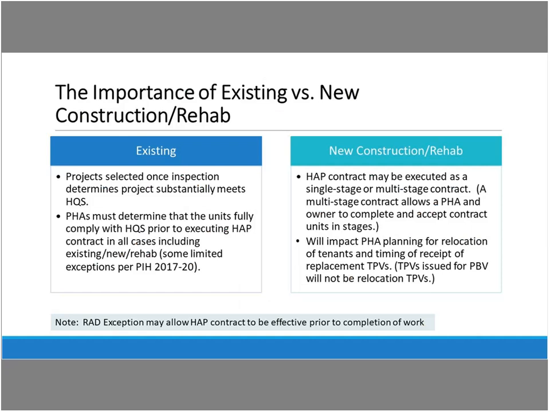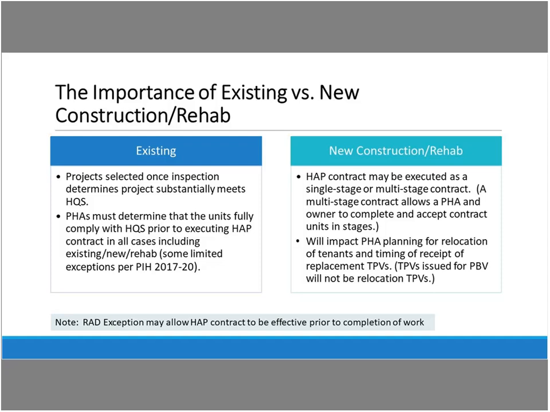This is done at the time that the housing authority is running its competition or selection process to determine if that building or that owner will be awarded a HAP contract. The PHA must determine that the units fully comply with HQS prior to executing the HAP contract, but that's before the HAP contract is signed later in the process. But during the early selection process, the Housing Authority needs to determine if the project substantially meets HQS.